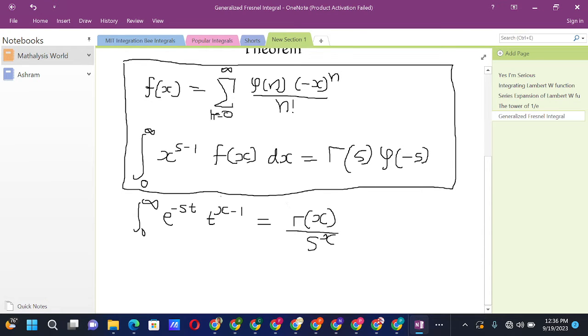So you can use Ramanujan's master theorem first to verify this property, right?